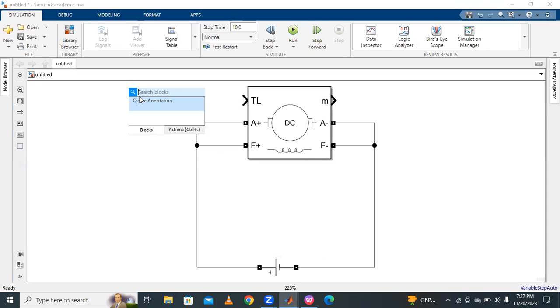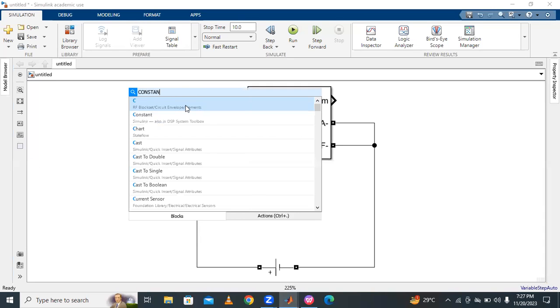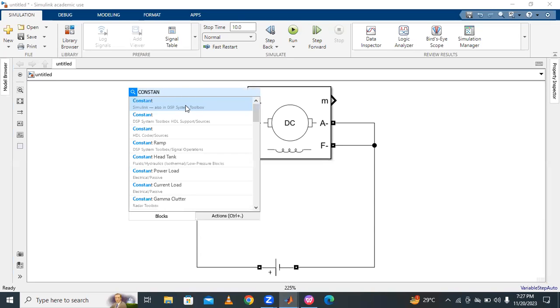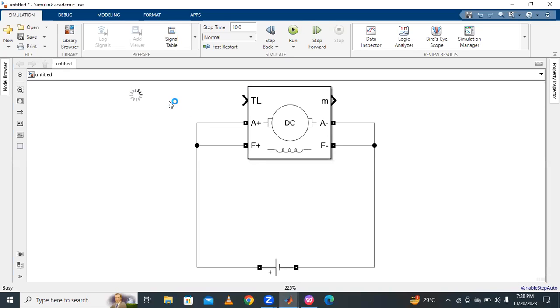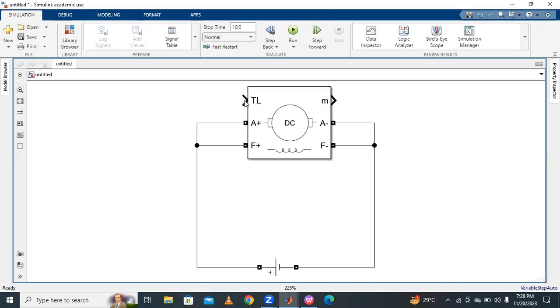And here, a constant is used for the load torque, for example, a constant load torque. Enter a constant right here and connect this to the load torque TL terminal, in this way.